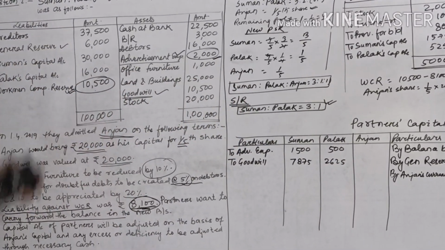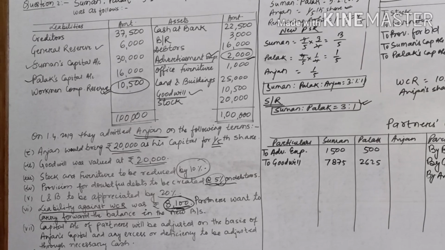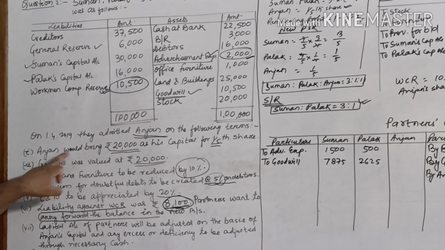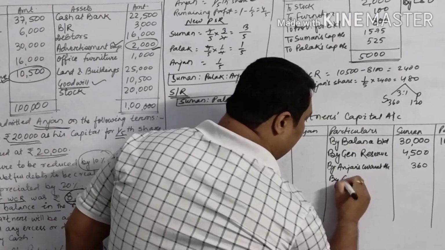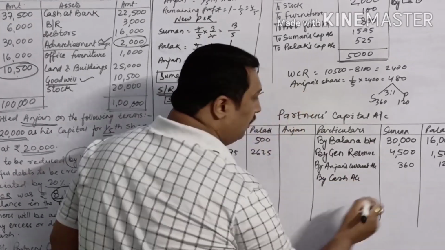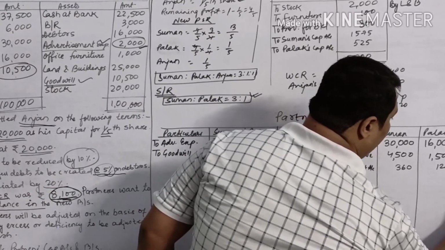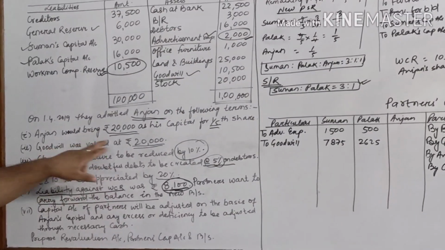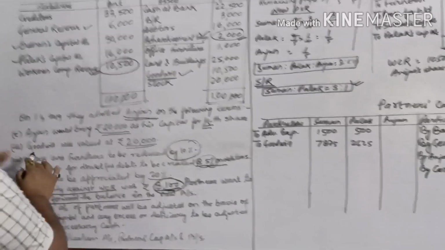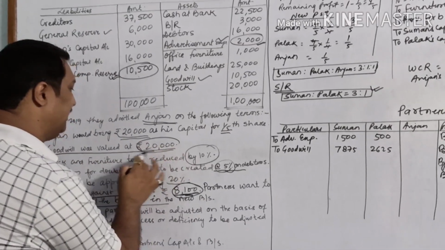Now let's come out of the balance sheet. Now we have Anjan brings rupees 20,000 as his capital. So here I will write by cash account. Anjan is going to bring capital of rupees 20,000, and now the next is the firm's goodwill was valued at rupees 20,000.